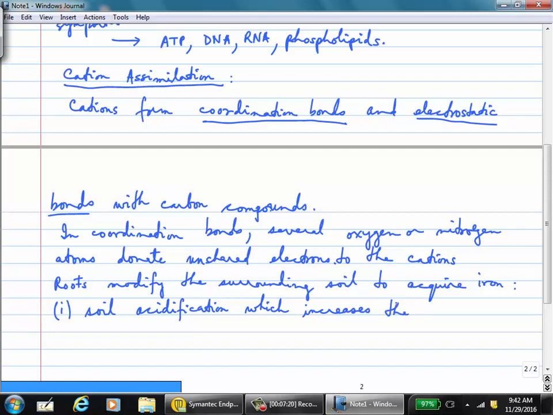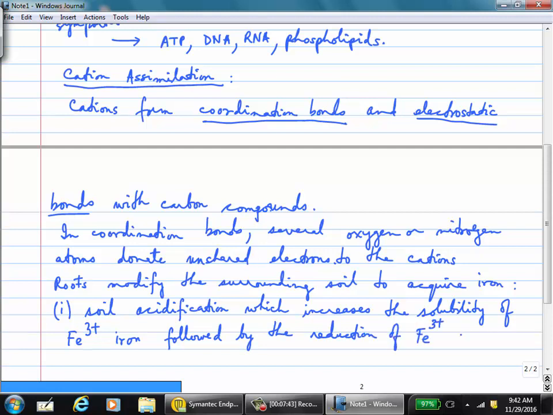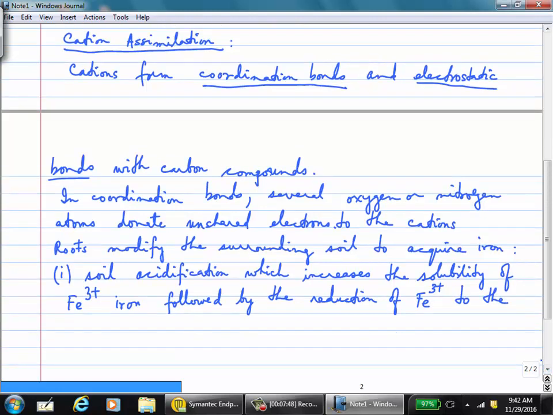So soil acidification increases the solubility of ferric iron, so Fe3 plus, followed by the reduction of ferric iron, Fe3 plus, to the more soluble ferrous iron, Fe2 plus.